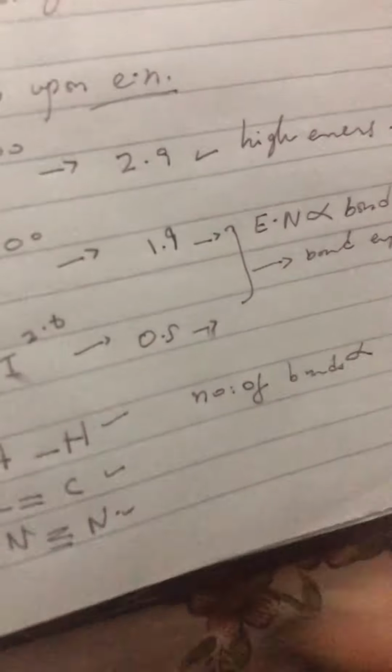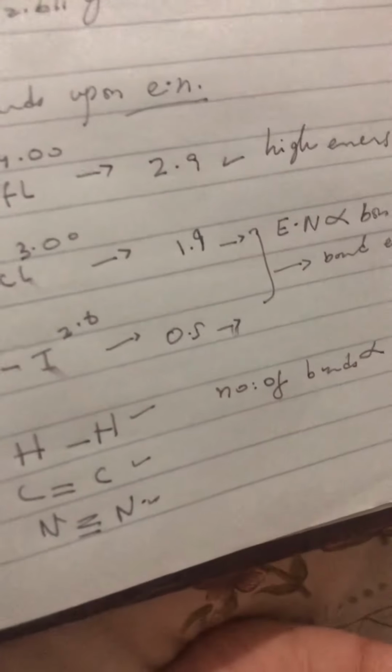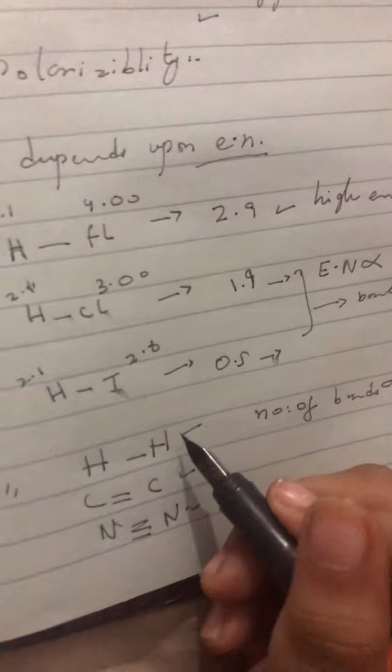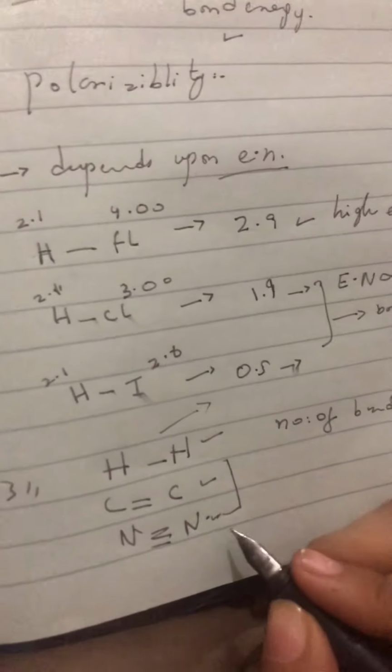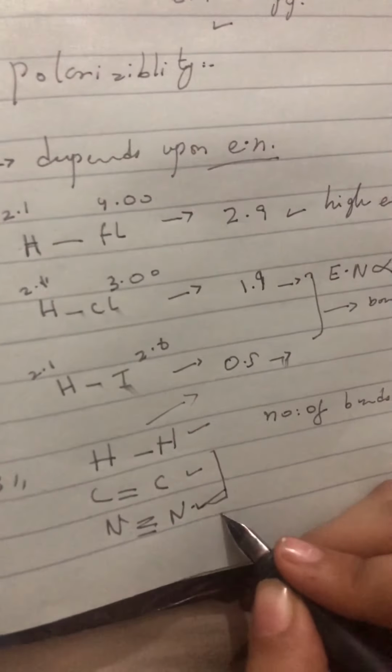If it has one bond, it has less bond energy compared with these both, and nitrogen has more bond energy if we compare with these both. So the number of bonds is directly proportional to the bond energy. So these are the factors that are affecting the bond energy.